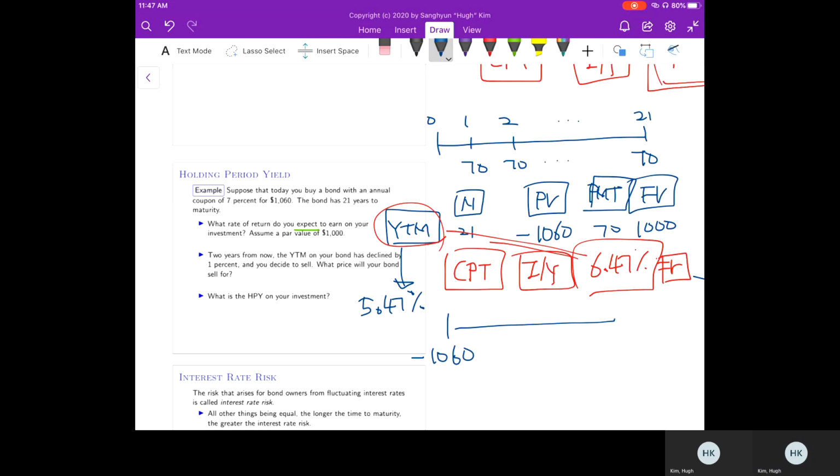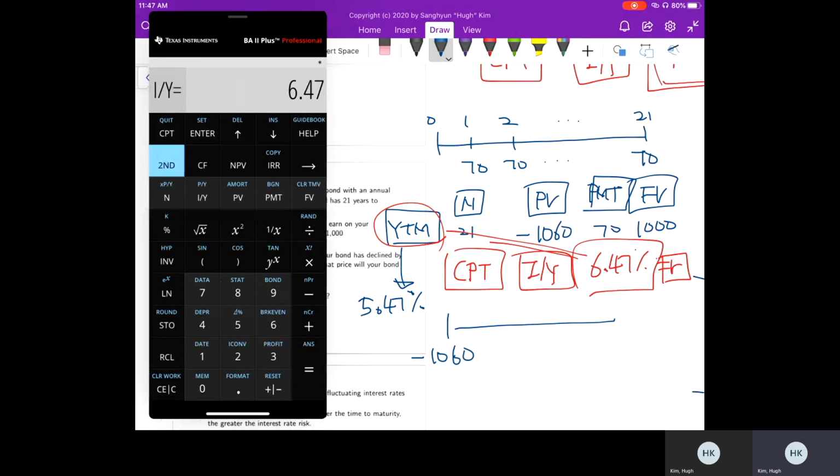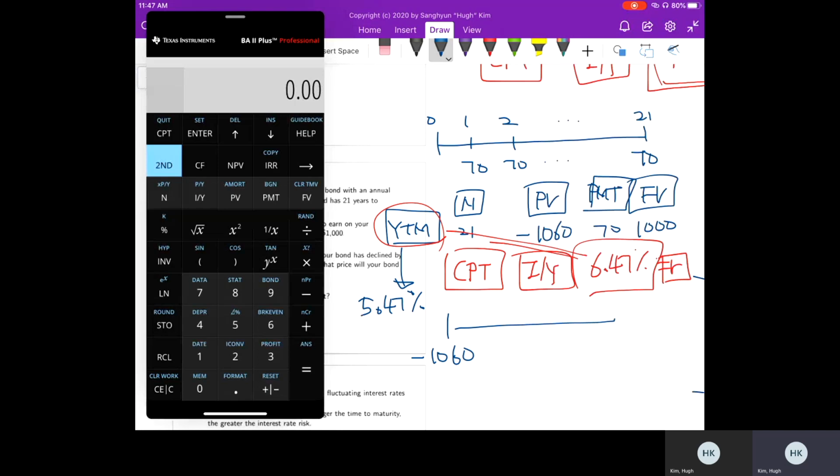I'm going to use the financial calculator to find the bond price. I can input the 4 known variables and solve for the unknown 5th variable. So the face value is 1000. The payment is 70. And now the number of periods will be 19 years because 2 years have passed: 21 minus 2, so 19 years left to maturity.